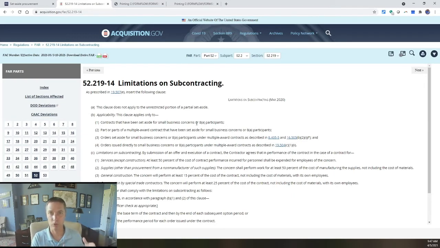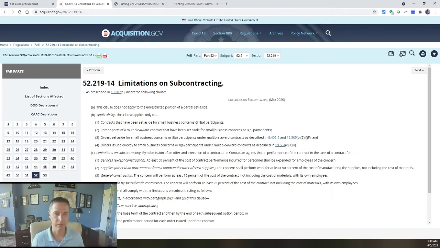So the general contractor, the prime company, has to do a certain amount of work on that contract in order to stay within the regulations. What are those rules? They vary from industry to industry.